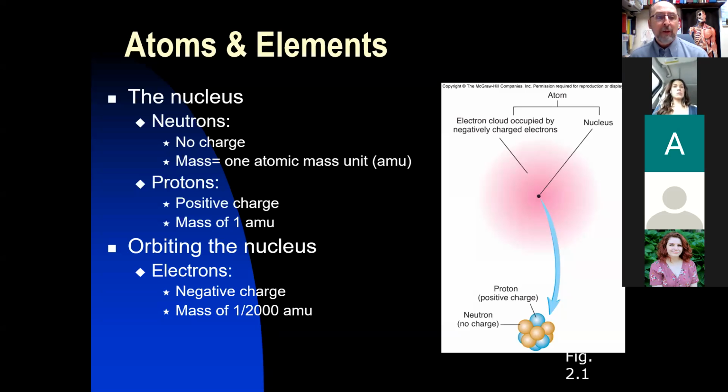I won't ask you about orbitals. I won't ask you how many neutrons are in the most common form of oxygen. I won't ask you that kind of stuff. But I'll ask you, what is a proton? What is a neutron? Where do you find electrons? Which of these have a charge? That might be something I would ask.